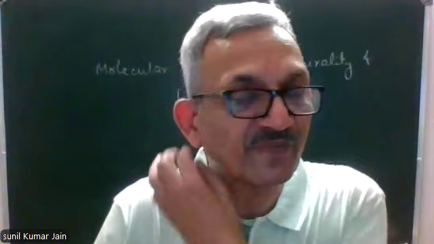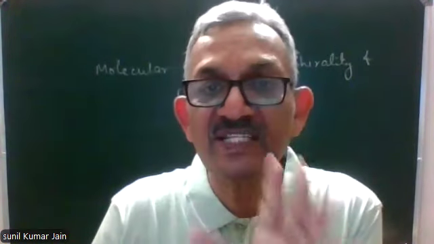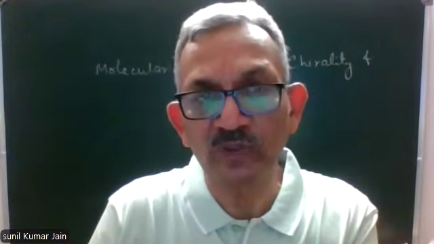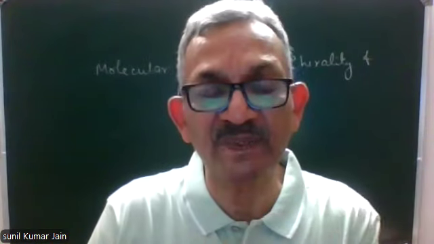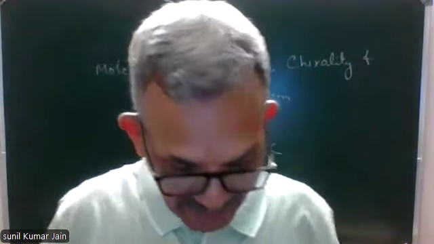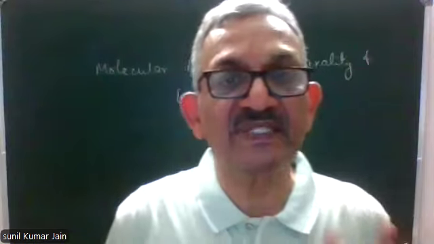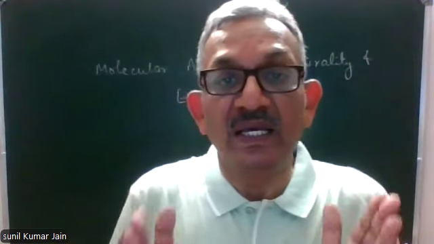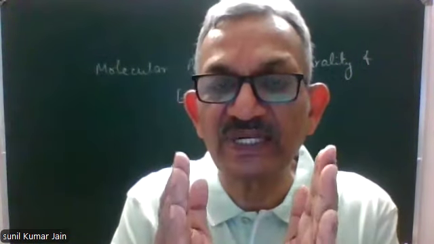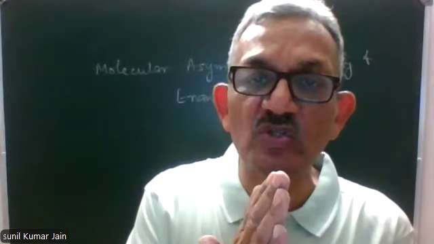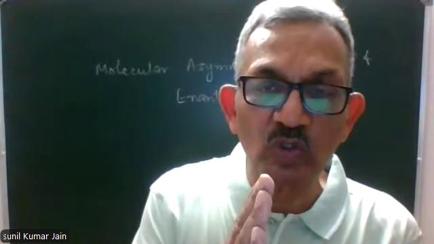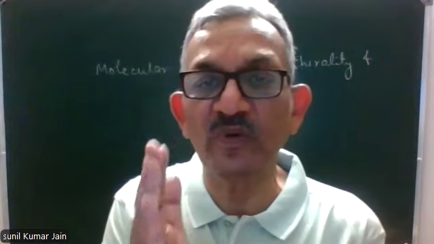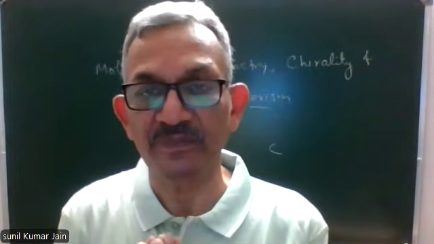Coming to the next topic, the fourth topic in this category, racemic mixture. I told you about racemic mixture in the SN1 mechanism also. See, a racemic mixture is nothing but a mixture which contains equal quantities of dextro and levo forms of the same compound.